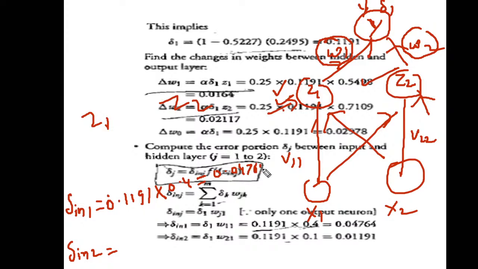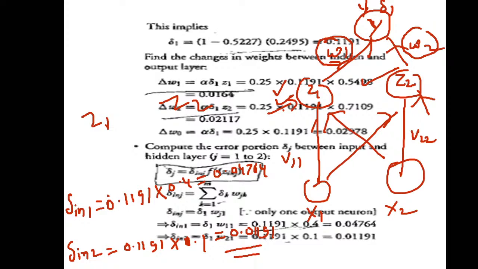Its answer will be 0.040764. Similarly, delta in 2 is the delta coming in the backward direction multiplied by the W2 weight. That is 0.1191, this is delta 1, multiplied by 0.1, which is W2, and you will get 0.01191.